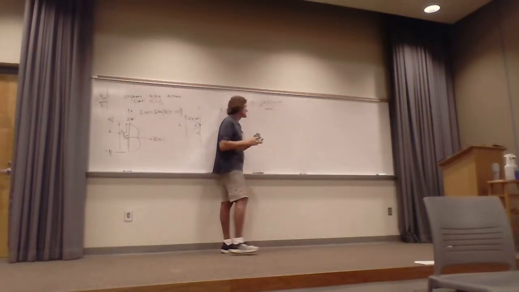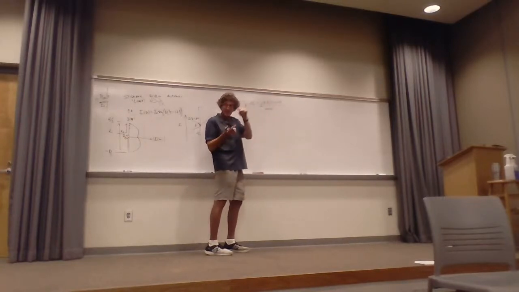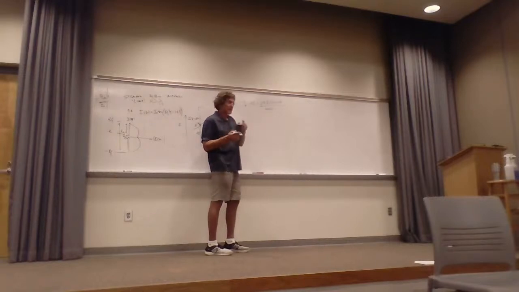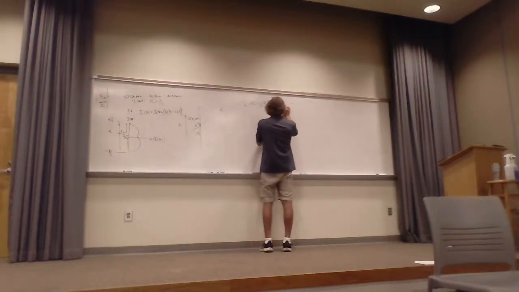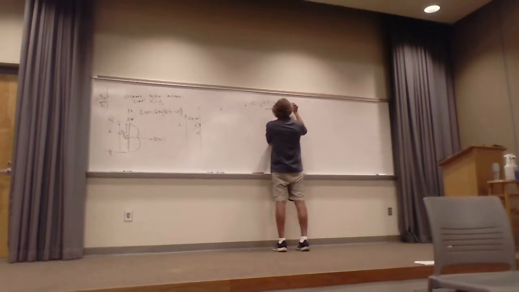Now here I'm replacing the I naught times L with I of Z times dz. Y'all follow me? Then it's going to be times the sine of theta, just like it is for an infinitesimal or a short dipole, Hertzian dipole. And there'll also be e to the minus j beta r, and this will be in the a theta direction.